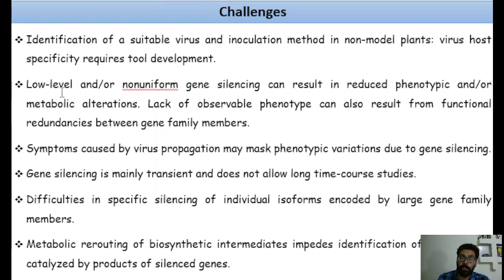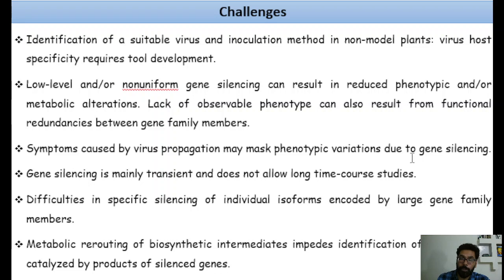The other challenge is a low level of silencing, because some genes are controlled by different metabolic pathways. So if we silence that gene, sometimes the metabolic alterations will lead to compensation of that particular transcript, so we cannot observe the phenotype that we are expecting.